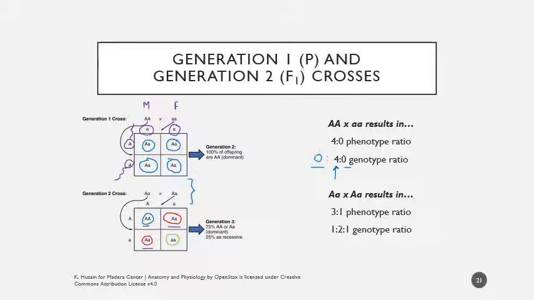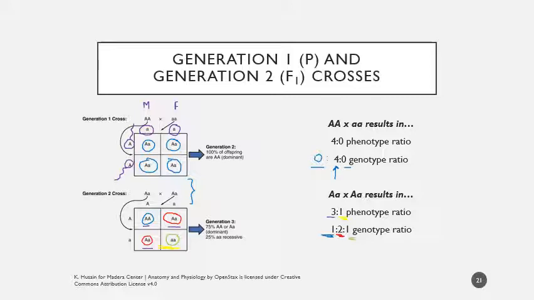In terms of what we're actually seeing, there's going to be 1 individual down here who has the recessive phenotype. So if we're looking at the phenotype ratio, we have 3 dominant and 1 recessive. Sorry, that yellow is a little bit hard to see. And for the genotype ratio, we have 1 homozygous dominant, 2 heterozygotes, and 1 homozygous recessive.